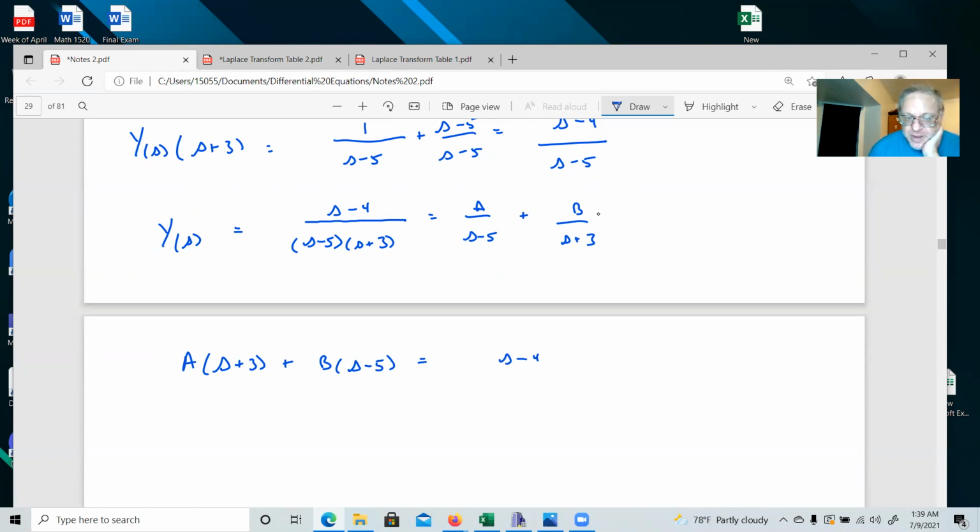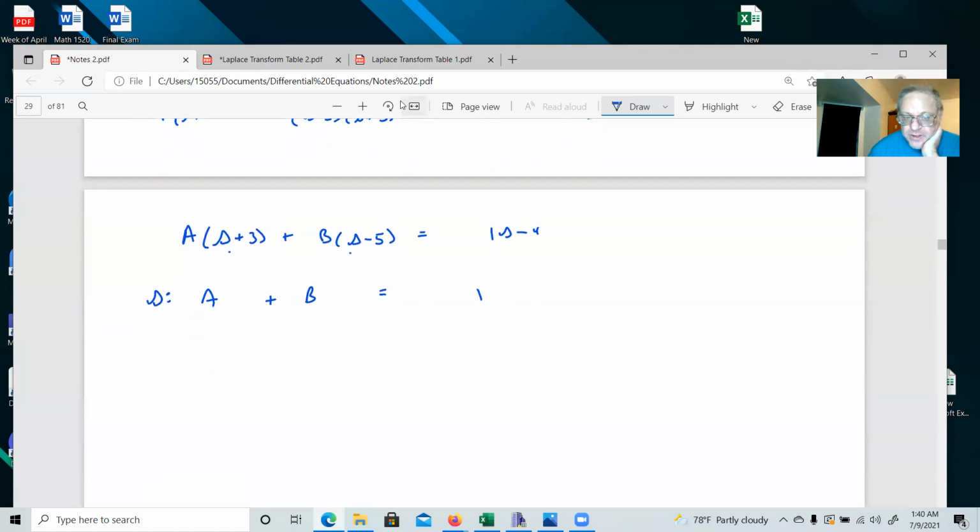So by inspection, I'm going to say that my s terms, right, we have A plus B, these would all have an s in them, is equal to, there's one s over here. Okay. My constant term, okay, there would be 3 A's minus 5 B's, right, and this is equal to -4. Okay. And all we have to do now is solve this system of equations.